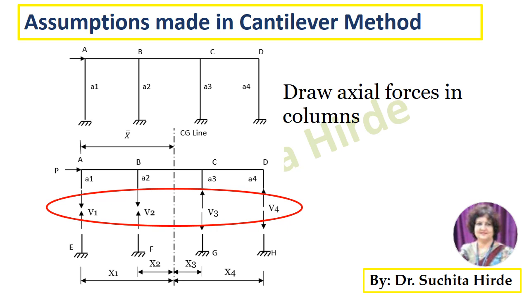I already mentioned that while drawing the axial forces in columns, that is V1, V2, V3, V4, for the columns which are to the left of the CG line, you have to show tension, and the columns which are to the right of the CG line, show the compression as shown in this figure.